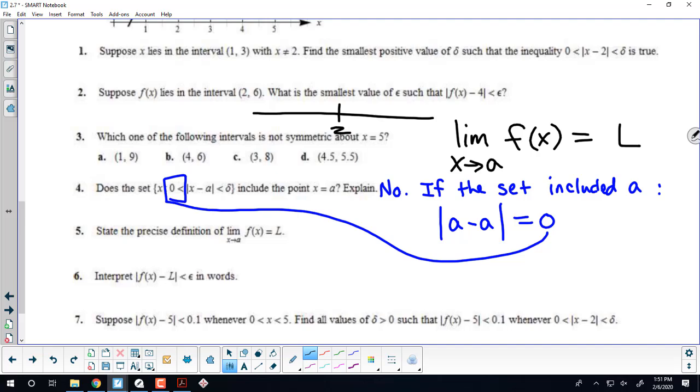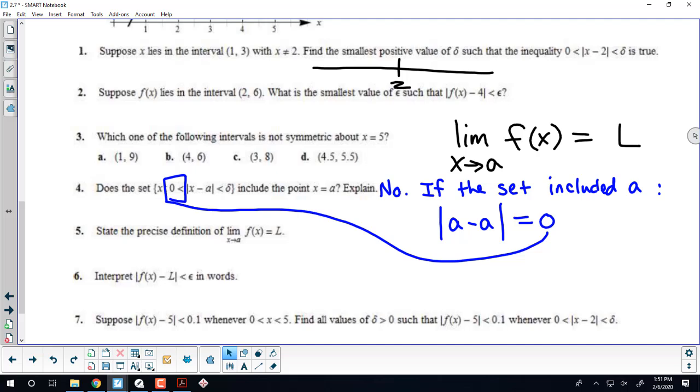That's kind of arbitrary, but you have to just go back up and see what they've given us is that x is in the interval from 1 to 3. So we're automatically limited by that statement. x is in the interval from 1 to 3. x is not equal to 2. So what's the smallest positive value of delta such that I'm still in that interval?